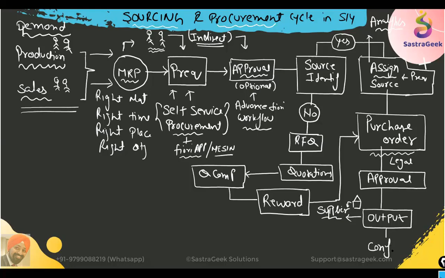Again, confirmation is also optional. The vendor can confirm back the quantity which has been mentioned, the prices, and the date, whether they agree or not, or whether they want to change the delivery date. Once that confirmation comes, you can change the purchase order if the delivery quantities or dates need to be changed.